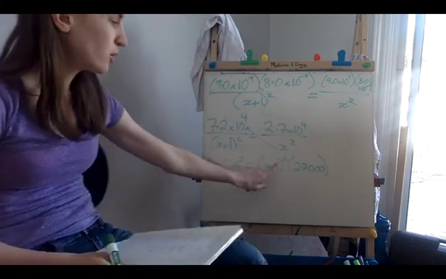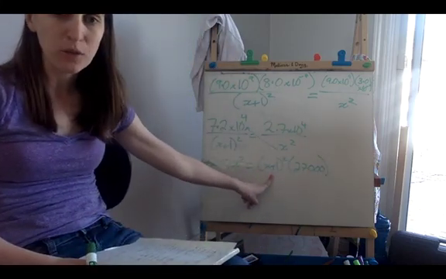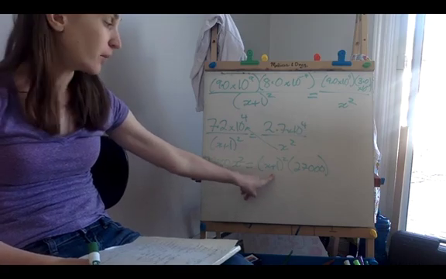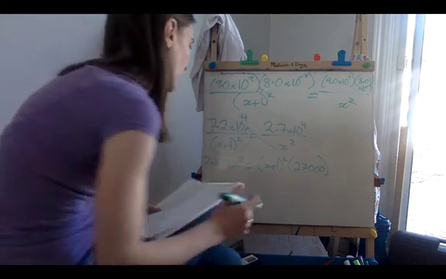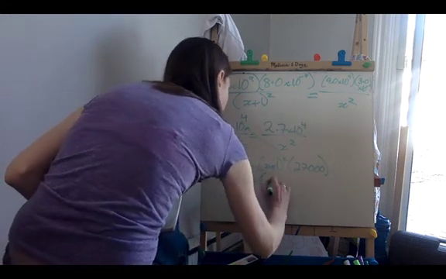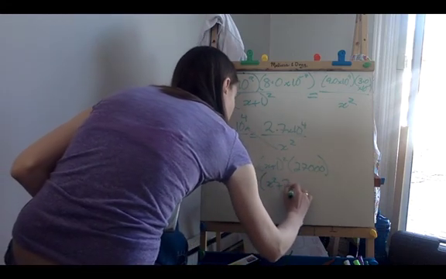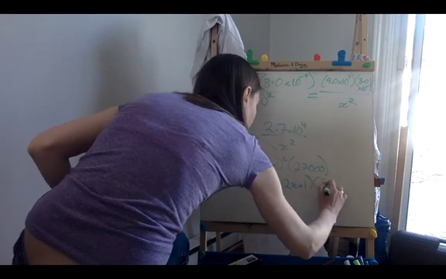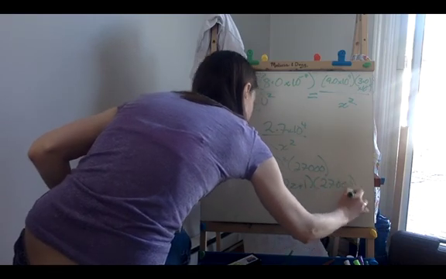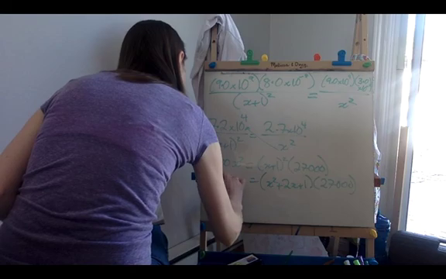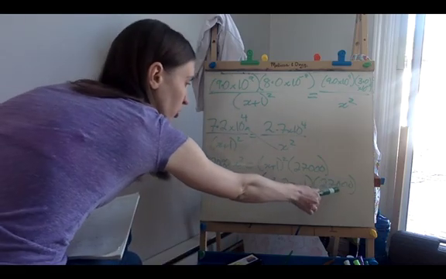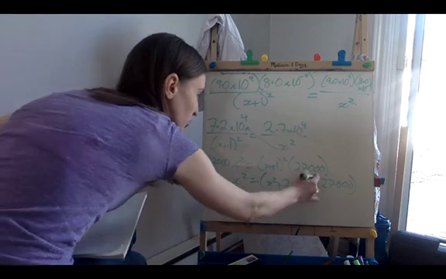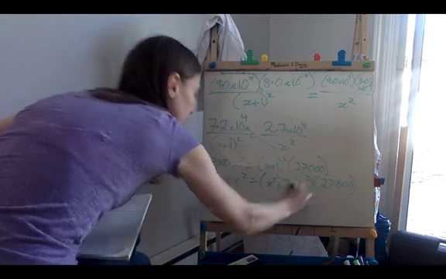Now remember, you would need to expand this x plus 1 squared correctly using binomial expansion, going x plus 1 times x plus 1. So when you do that, you get x squared plus 2x plus 1 multiplied by 27,000. Then you use the distributive property to multiply that 27,000 by each of these 3 terms in here.